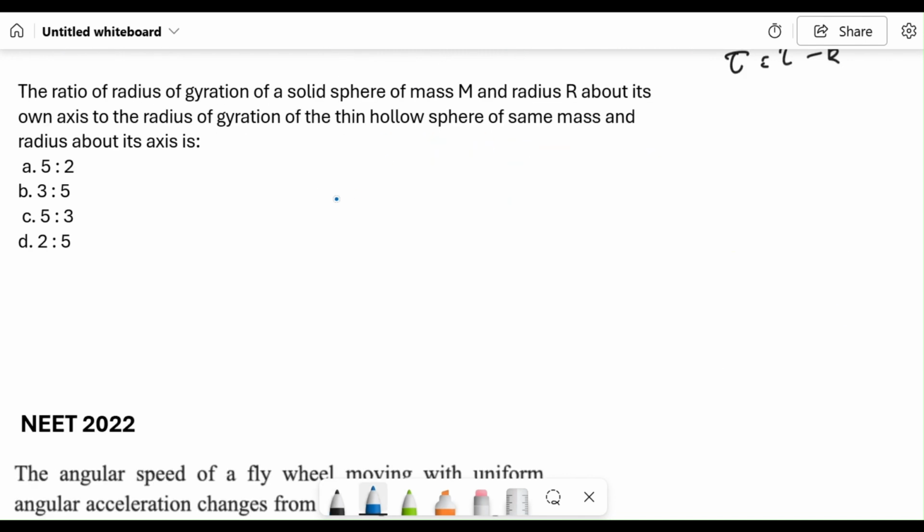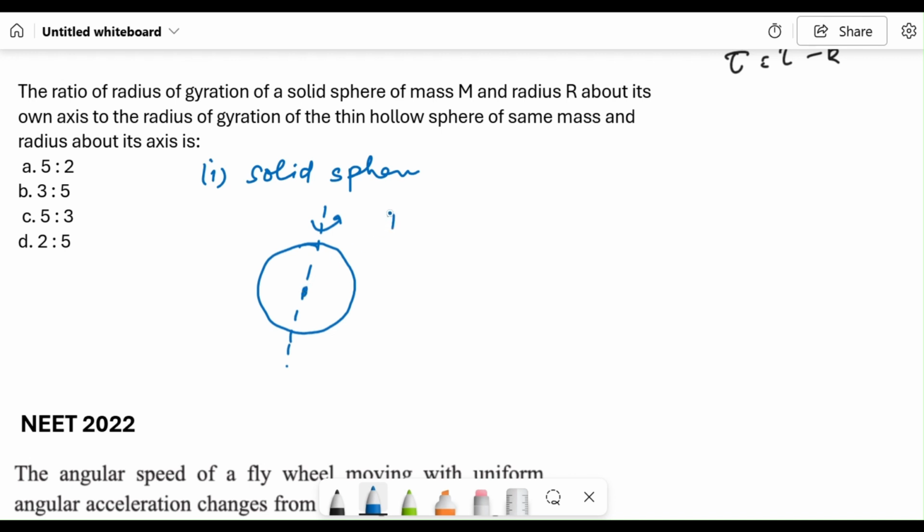Now moving to the next question. The ratio of radius of gyration of a solid sphere of mass m, radius r. Let's say here we have a solid sphere, and mass is m and radius is r, about an axis passing through the center of this sphere. So let's say this is the axis of rotation.